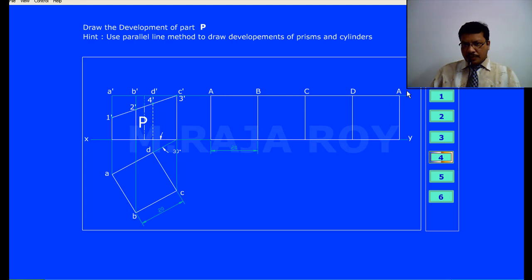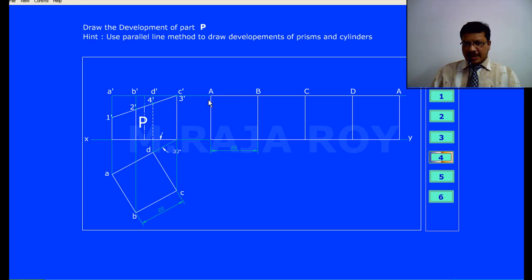Draw two parallel lines from top base and bottom base, and along these parallel lines you mark the number of sides of the prism. Here it is a cube, means 4 sides will be there. So AB is one side, BC, CD and DA.